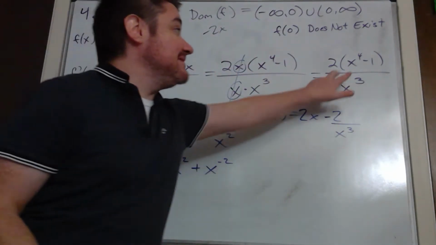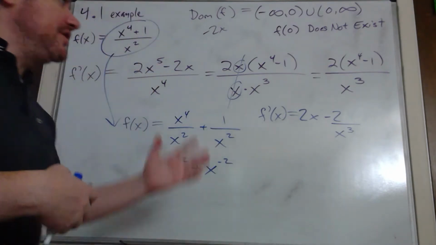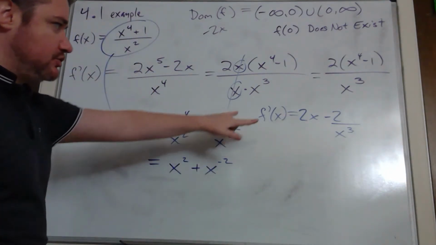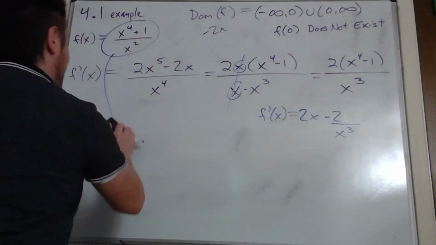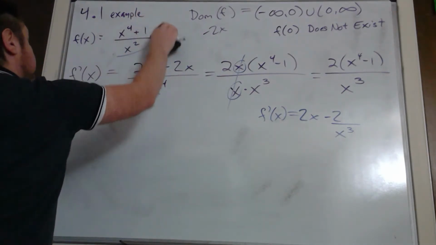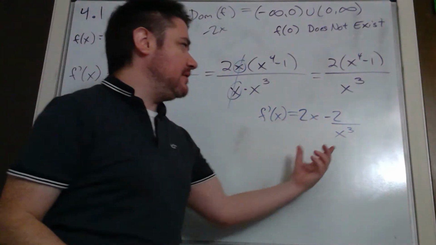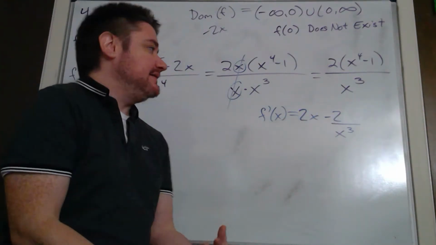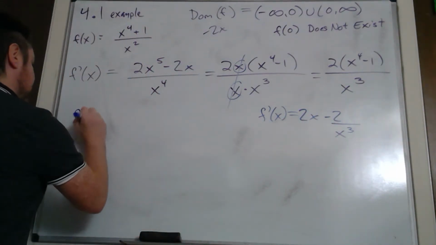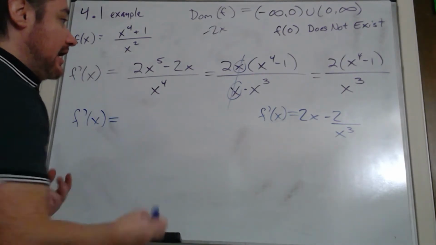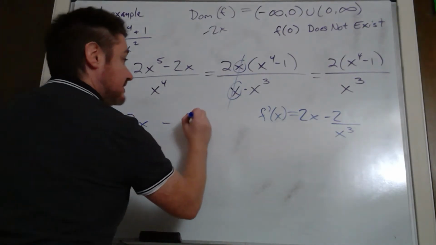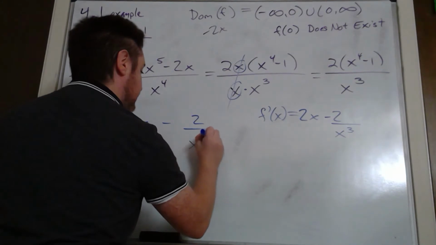So is that the same as this? It is. And so if you use this little shortcut, you get this derivative. Think back to what we did in the previous example, in the previous video, when we took a derivative, we got these two terms. We want to combine those. We want to clean this up as much as possible. So there's still a little extra work. So 2x minus 2 over x cubed, okay?